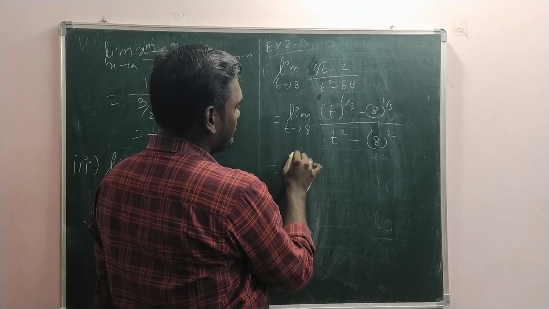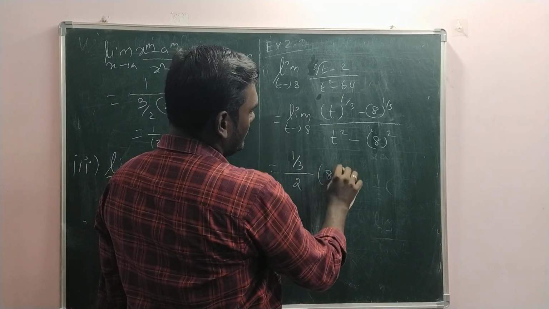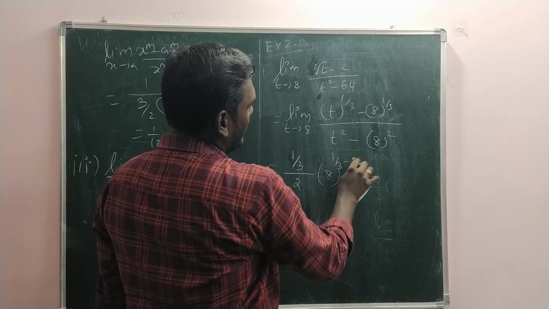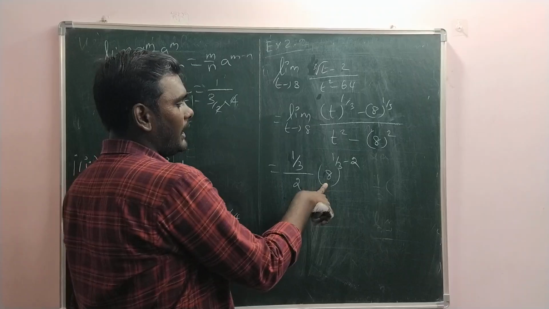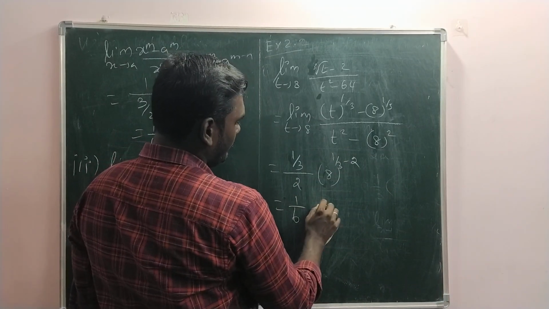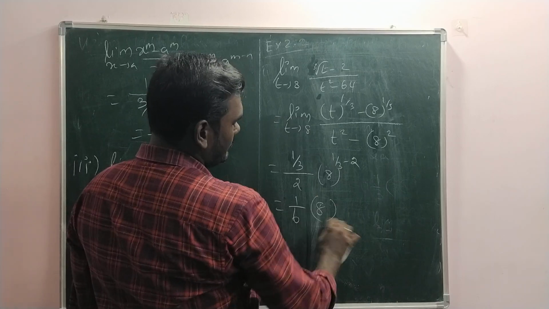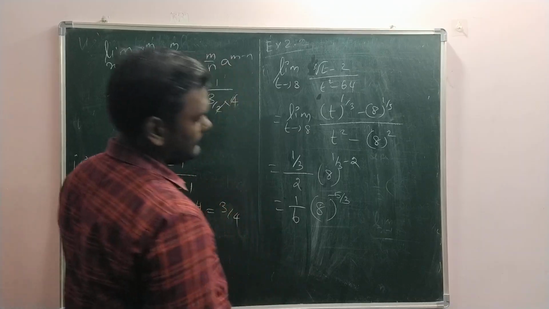Now here t tends to 8, by that formula we'll get 1 by 3 by 2 into 8 power 1 by 3 minus 2. Right? m by n into a power m minus n. So this is 1 by 6, 8 power minus 5 by 3.